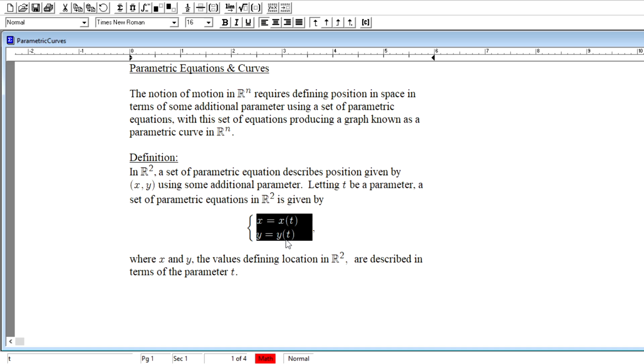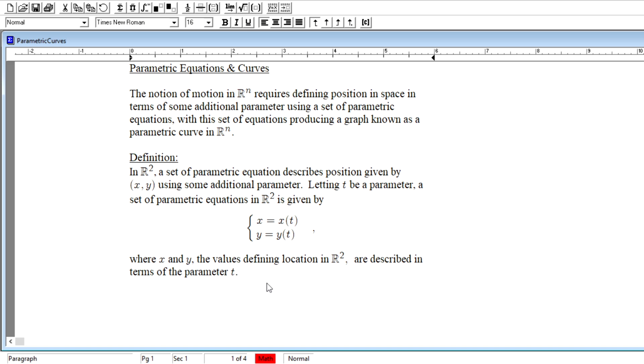If we define location x and y as these functions of t, we are then defining location x and y in 2 dimensions in terms of some additional parameter t.